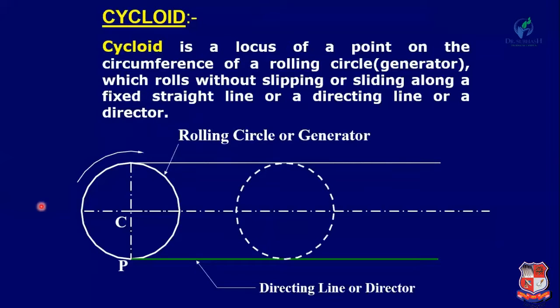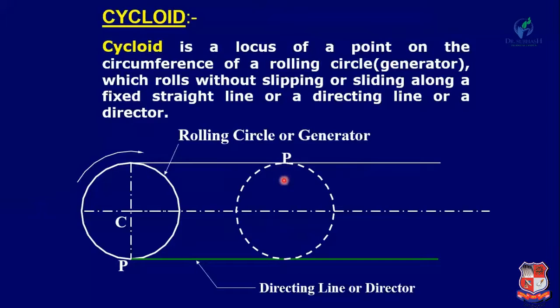After 1/2 revolution, this circle will reach here. This is the position of the circle after the 1/2 revolution. At that time, the point on the circumference of this circle will reach the top of this circle.